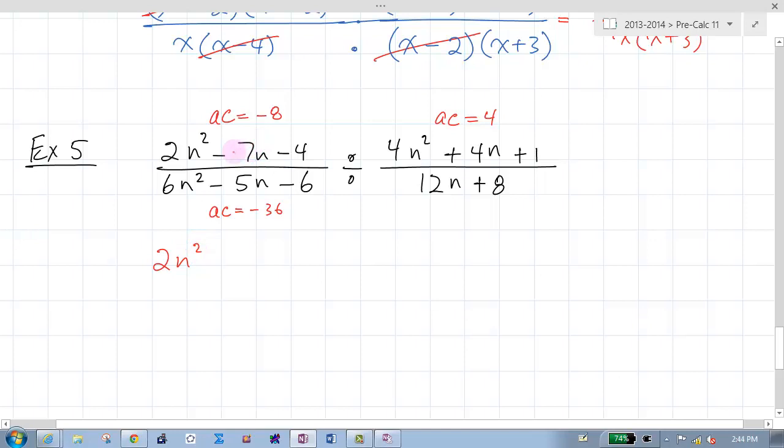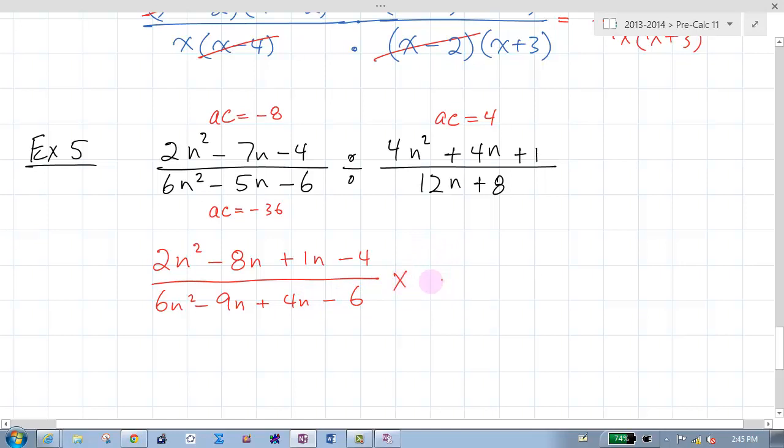Factors of negative 8 that add up to negative 7 are minus 8 and plus 1. I'm going to do the same thing for the bottom. Factors of negative 36 that add up to negative 5 are negative 9 and positive 4. So 6n squared minus 9n plus 4n minus 6.